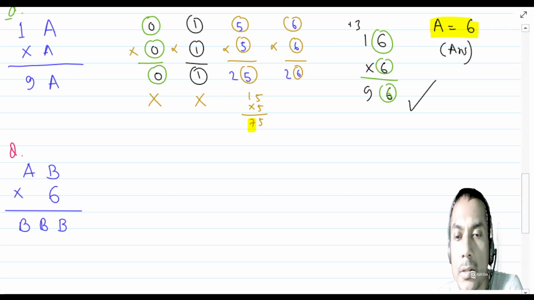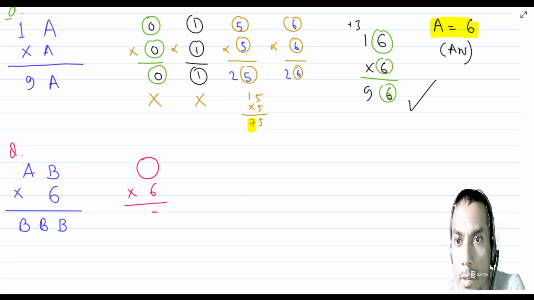To answer this question, so AB into 6 is equal to BBB. Okay. So how many possible choices of B are there? So let's consider the empty circle, that is B, here, and multiply with 6, we get the other empty circle. So how many possibilities are there?